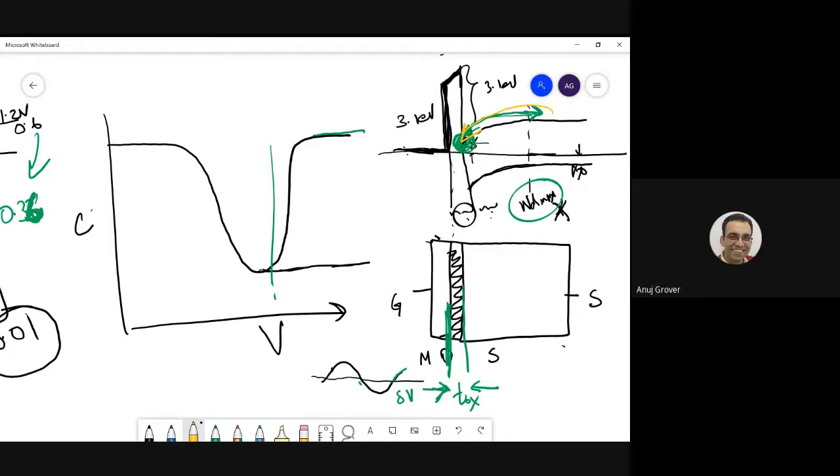The reason for that is the same as what we are discussing here. I do not exactly remember the slide, but this is what we mean by high frequency and low frequency capacitance, because frequency only comes when we have an AC signal.